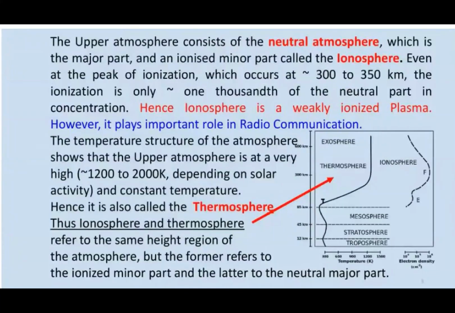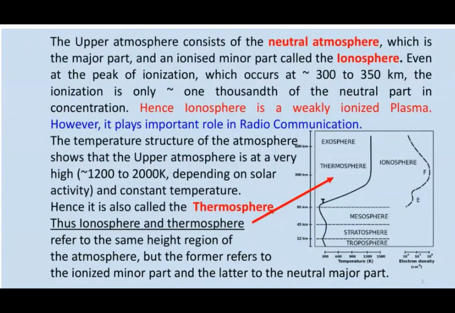Now, the upper atmosphere consists of two major parts. One is the neutral atmosphere, which is the major part, and an ionized minor part, which is called the ionosphere. The ionized part is very small in concentration.